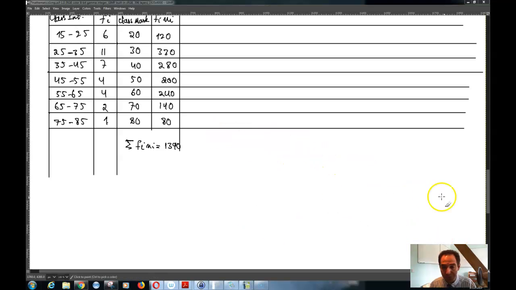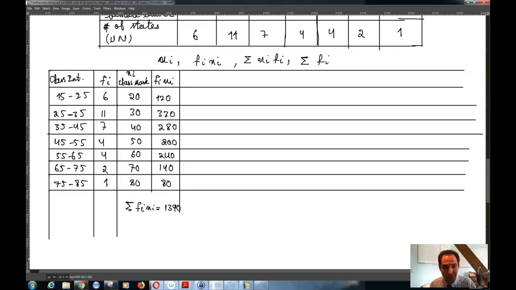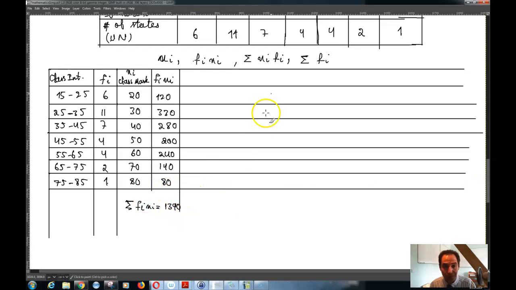And then you have your sigma f of i x of i calculated.